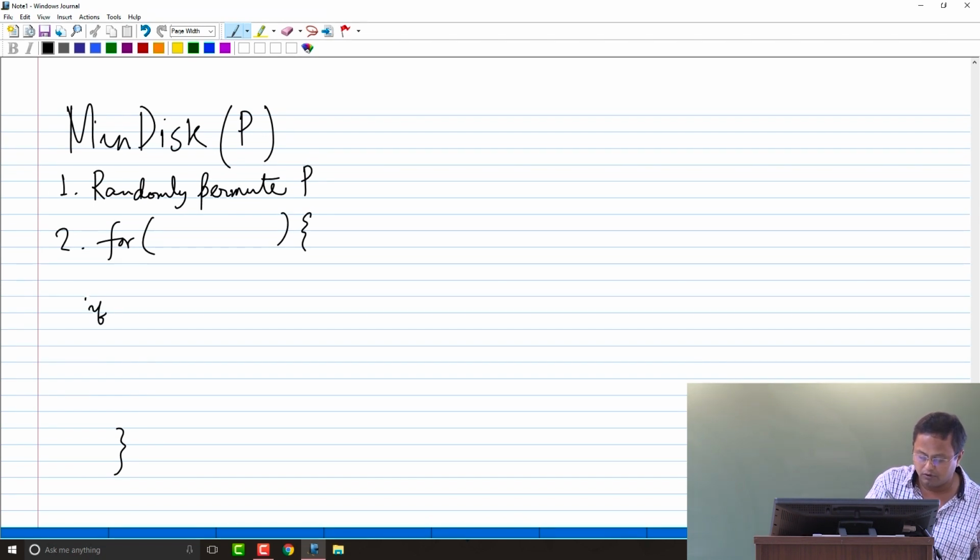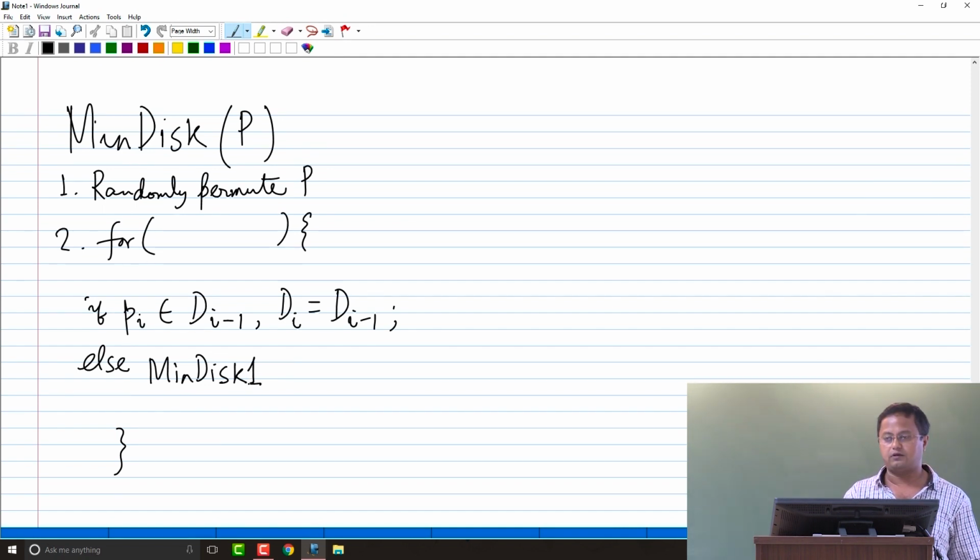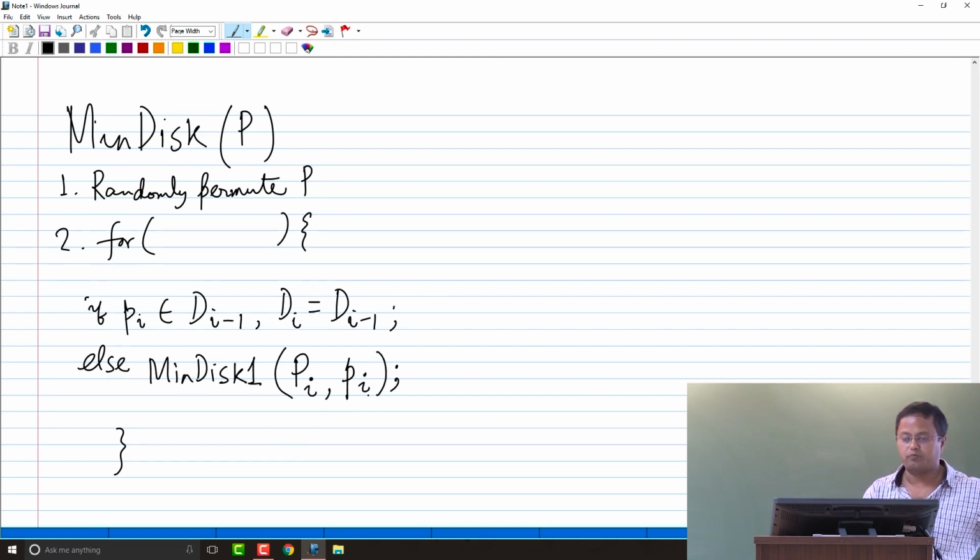If pi belongs to D_{i-1}, then your D_i equals D_{i-1}, it remains the same. Else, what you do is call min disk 1 with capital Pi and small p.